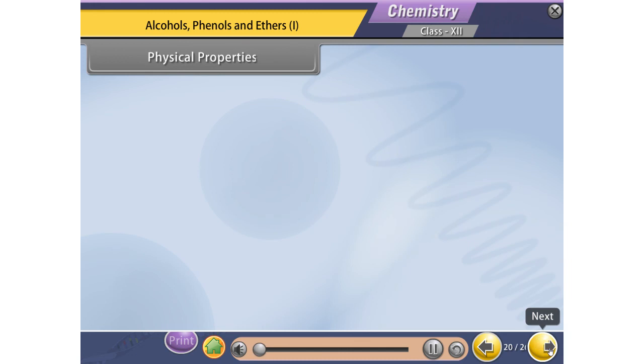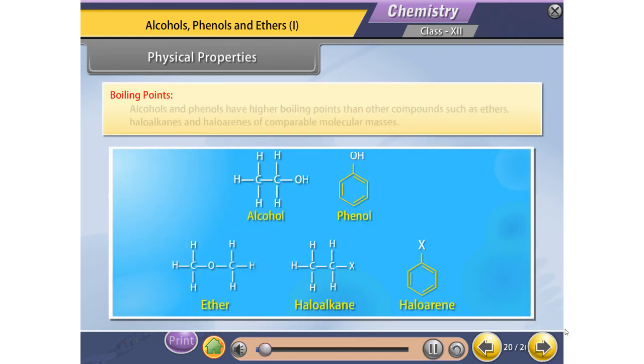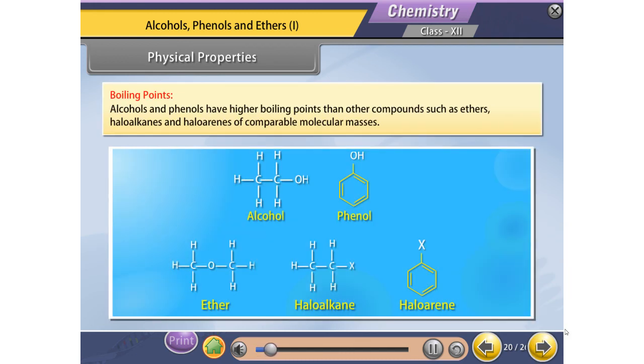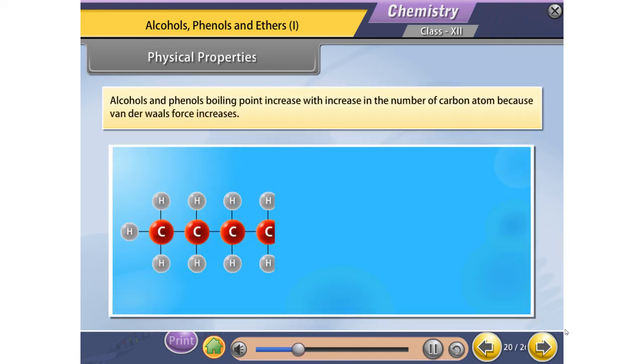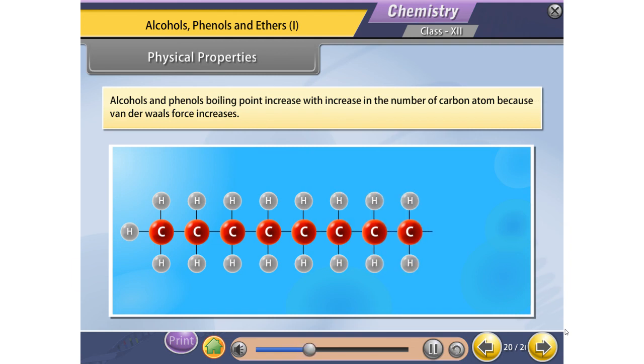Physical properties. Boiling points. Alcohols and phenols have higher boiling points than other compounds such as ethers, haloalkanes, and haloarenes of comparable molecular masses. Boiling point increases with increase in the number of carbon atoms because van der Waals force increases.